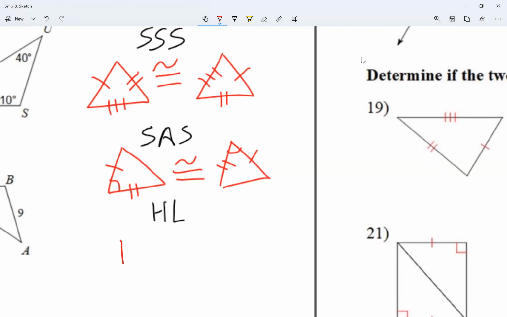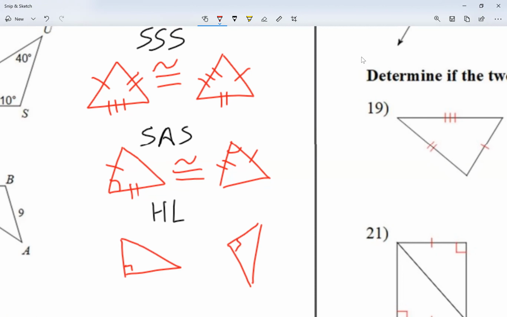Let me do a right triangle. Let me change this a little to remember it's okay for me to flip my triangles. They don't have to be exactly looking the same way, but I have two right triangles.